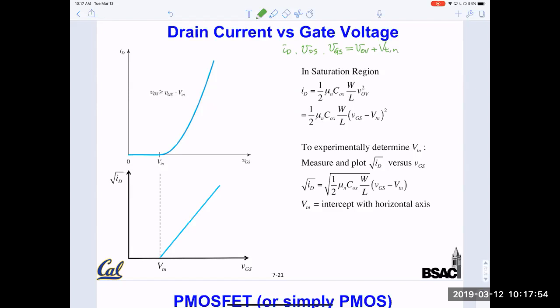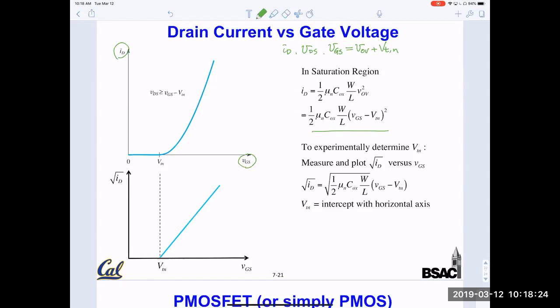We also can plot ID versus VGS, since we apply the input voltage to a common amplifier. So plot current versus VGS, and you'll follow this equation here. Well, it's the same quadratic curve, okay?